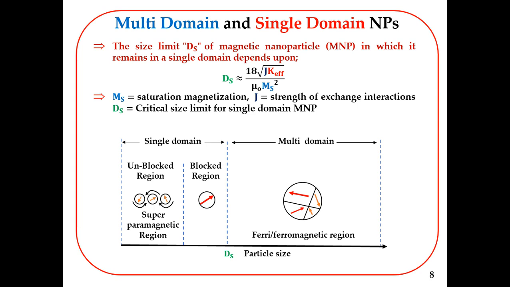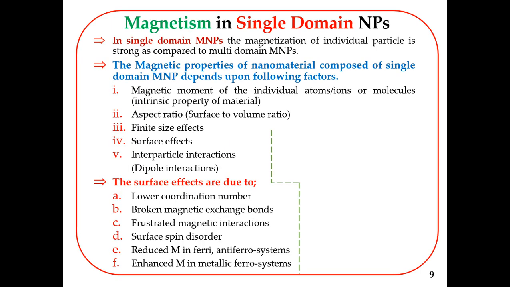This size limit Ds of the magnetic nanoparticle in which it remains single domain depends upon the K effective of the material, the exchange interaction integral of the material, and Ms, the saturation magnetization of the material. So Ds is the critical size limit for a single domain nanoparticle, which is different for different materials.